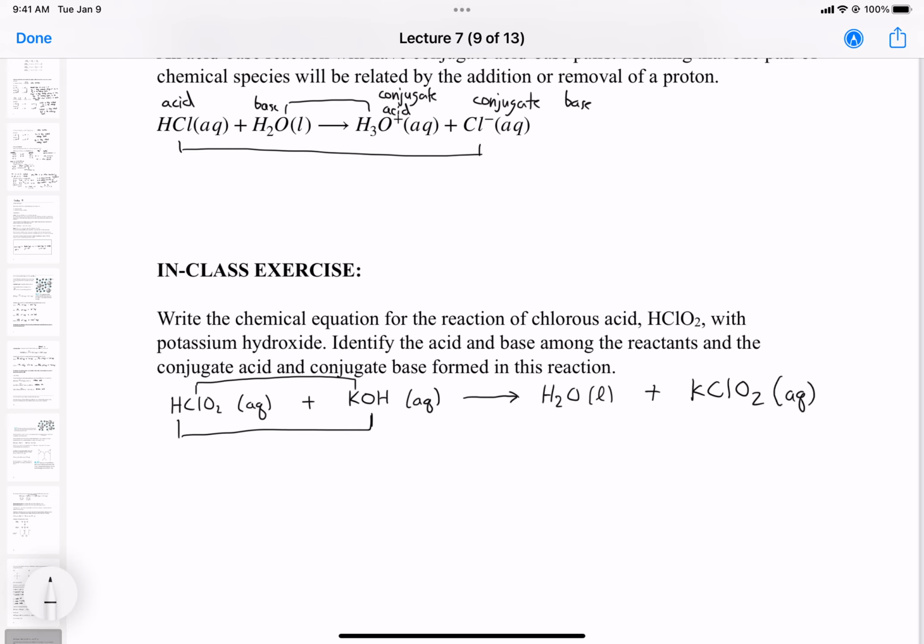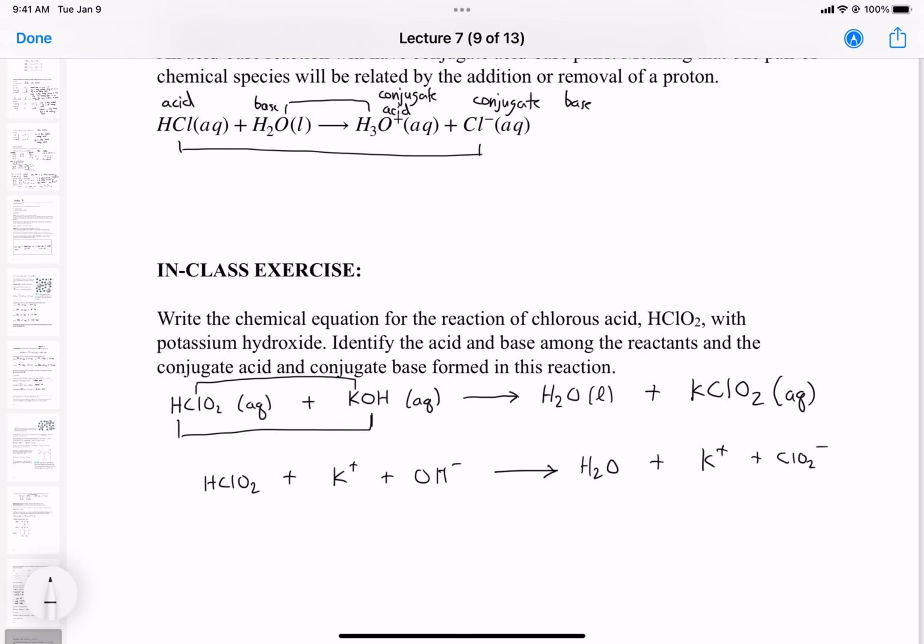Since chlorous acid is a weak acid, we can write it as HClO2. And since potassium hydroxide is a strong base, we could write it as two ions here. And then water does not dissociate, so we keep it the same. Then we get plus potassium chlorite, a very soluble salt, so we get K plus ClO2 minus.